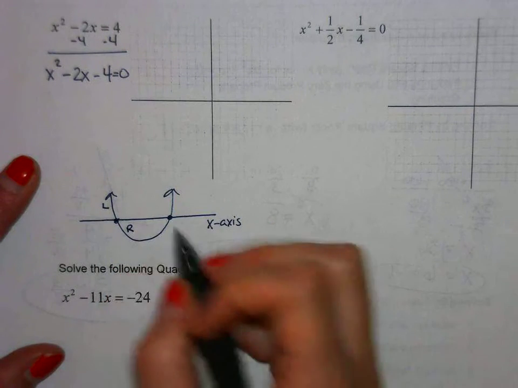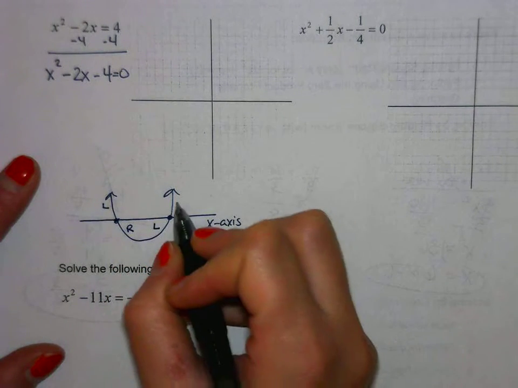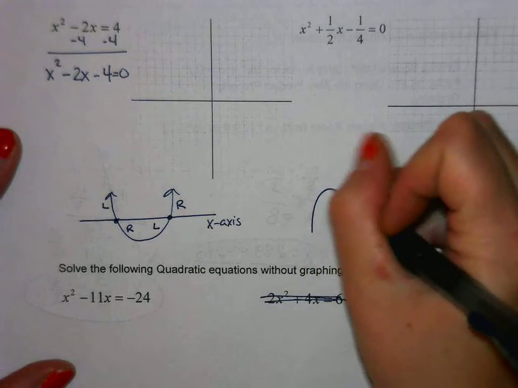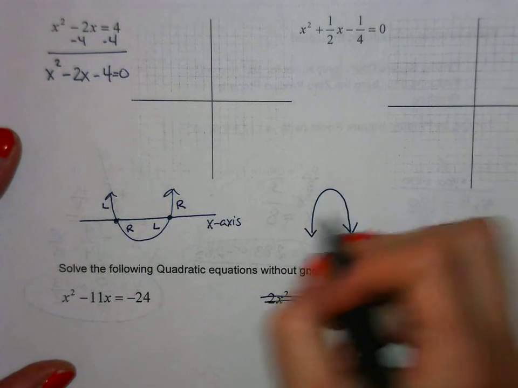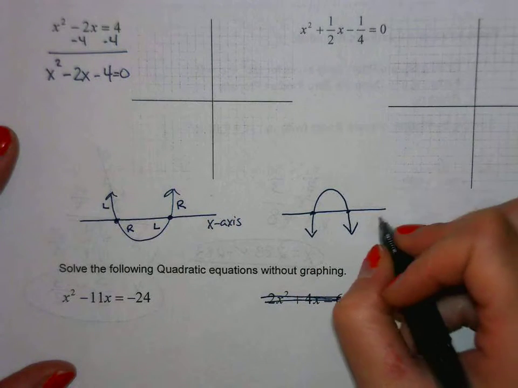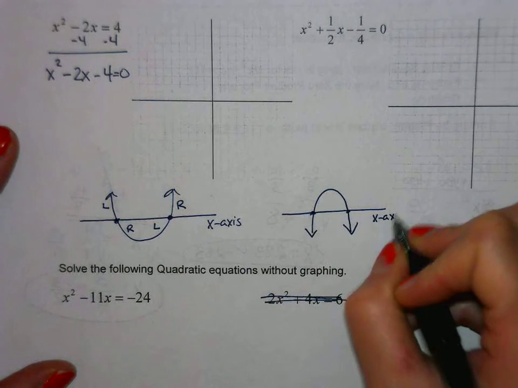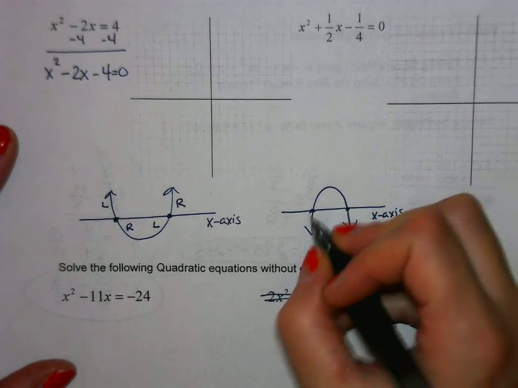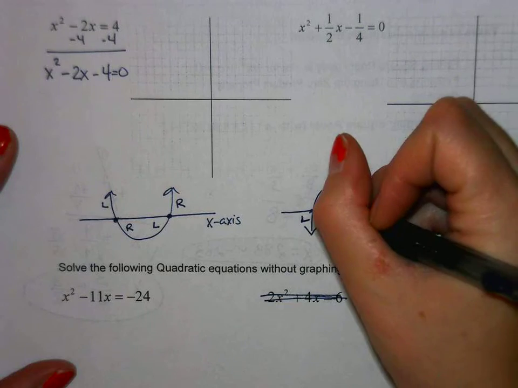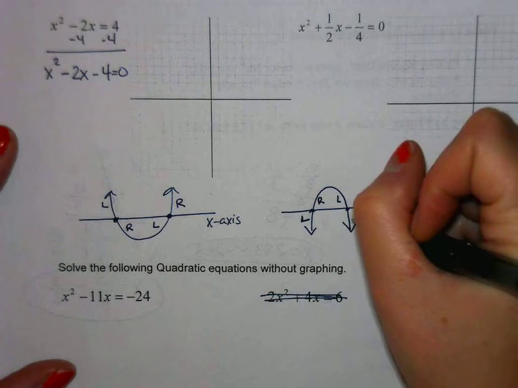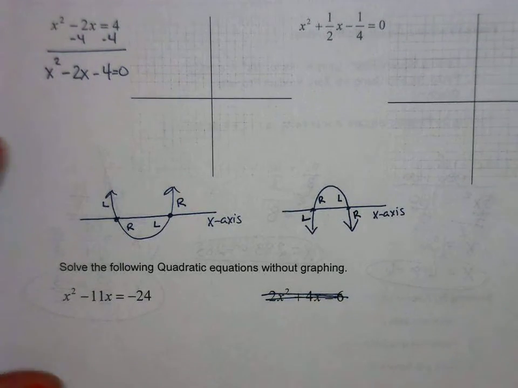If we have a parabola that's facing down and it's crossing our x-axis at those 2 places, those are our 2 solutions. Down below is our left bound and above is our right. Left bound, right bound.